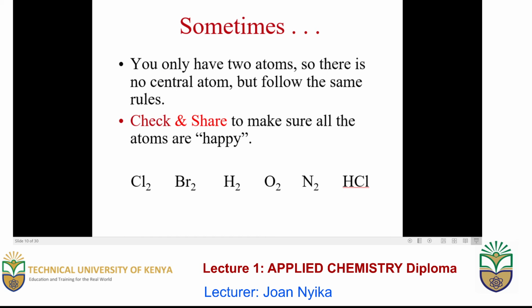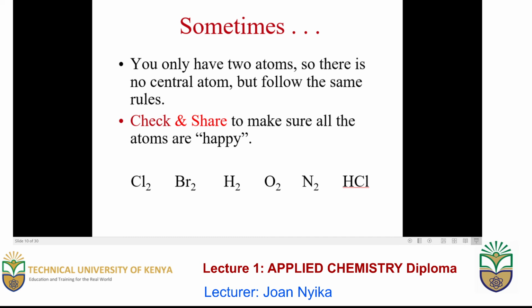But why are we doubling and tripling bonds? It is because sometimes you only have two atoms, so there is no central atom, but it follows the same rule. This is where we have seen atoms that are identical, like in the case of chlorine. Chlorine is between two chlorine atoms, each of which requires one electron to get an octet state, meaning that they have to share one between themselves.